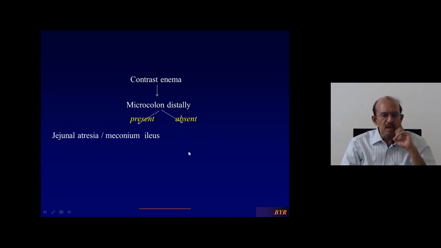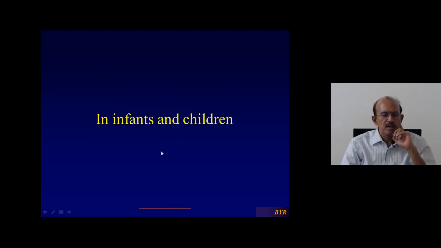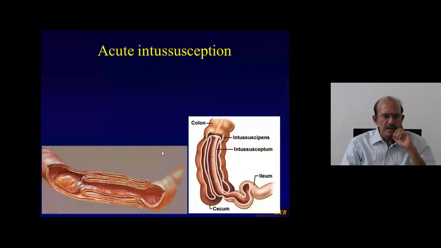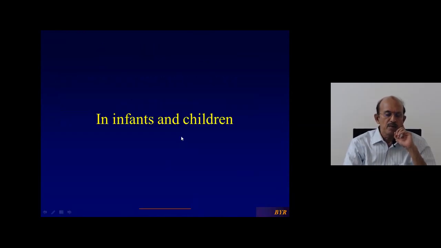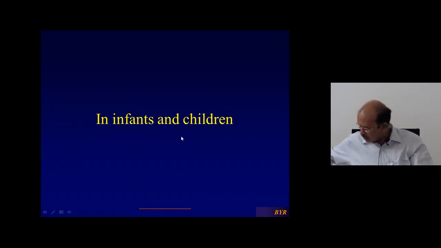That means colon is normally dilated. Means Hirschsprung's disease. So that is how you will differentiate between the conditions here. I hope this neonatal intestinal obstruction is clear to you. If it is clear, then we will pass to the next topic, intestinal obstruction in infants and children.